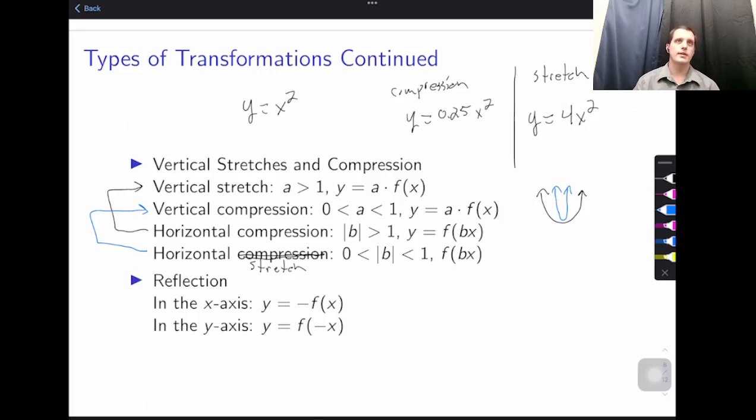And then the last one is reflections in the x and y axes. So in this case, this would be something along the lines of y is equal to negative x squared, keeping in mind the squared doesn't get rid of the negative.